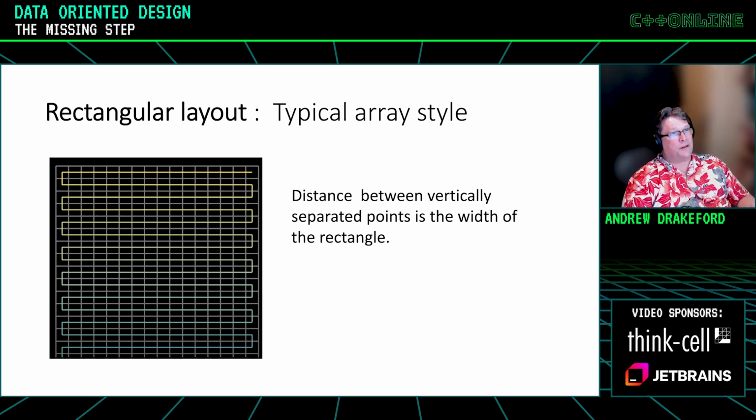So the data is either one number higher than you or one number less than you in memory space. But if you were to go vertically, you have a separation in memory of the width of the whole rectangular pane, which could cause cache misses, for example.